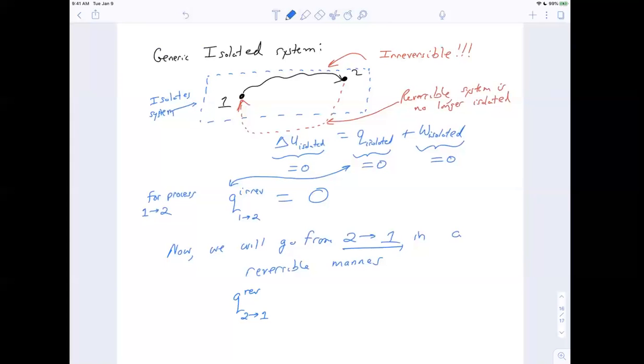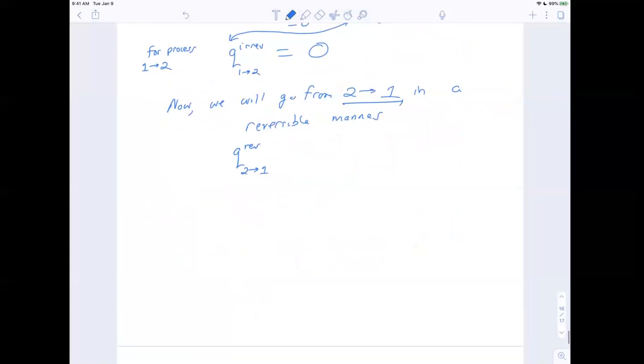So what we can do now is apply the Clausius inequality for this cycle.